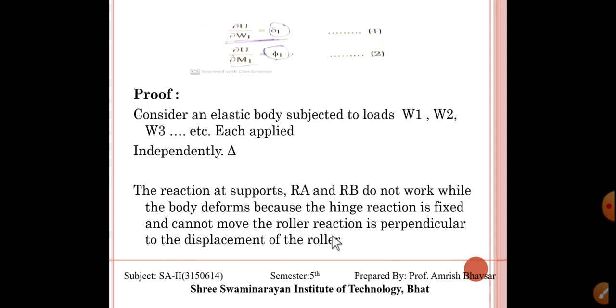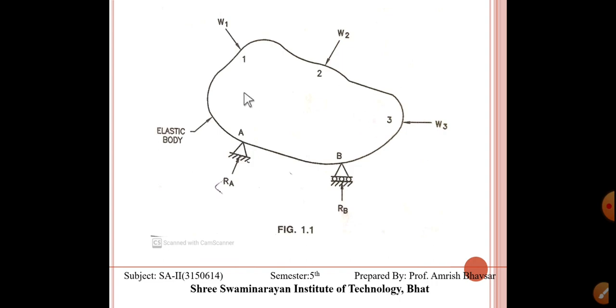The roller reaction is perpendicular to the displacement of the roller. Now, this is our elastic body. W1, W2, W3 are acting, giving delta 1, delta 2, delta 3, and here somewhere rotation over here.